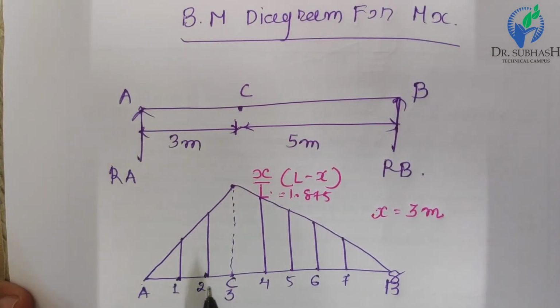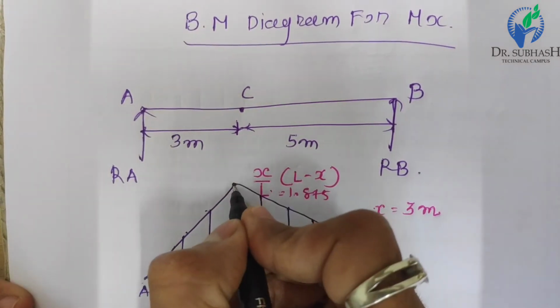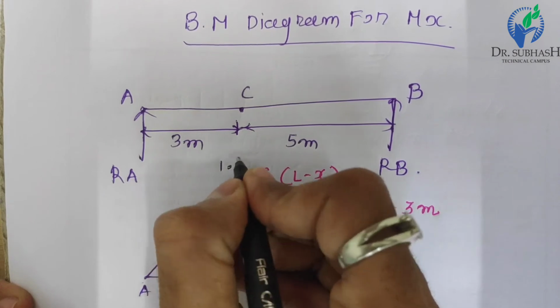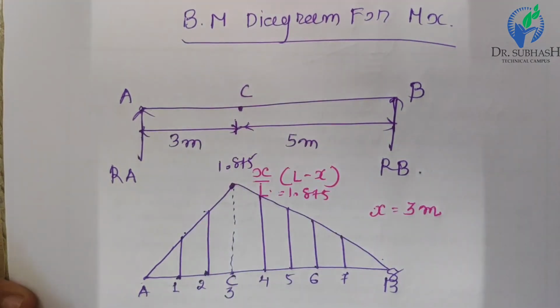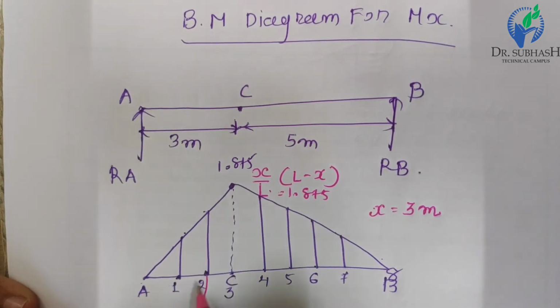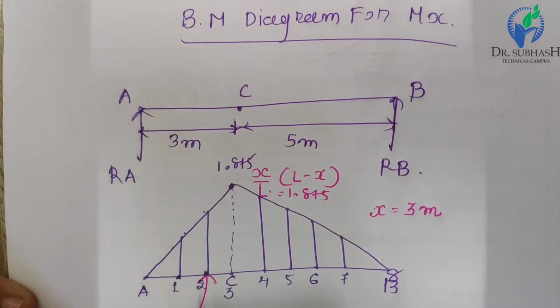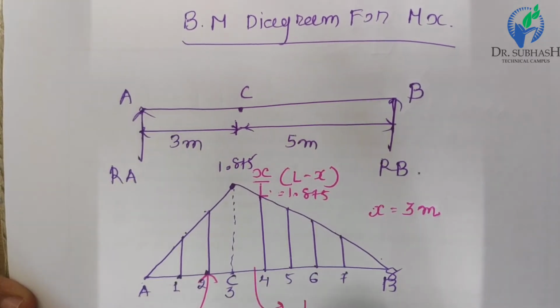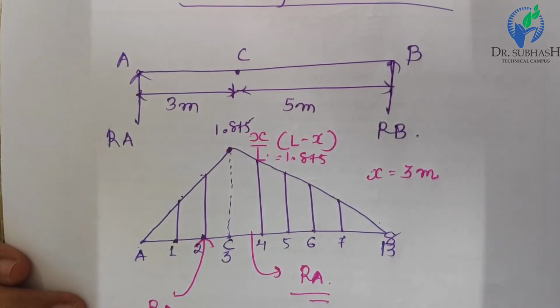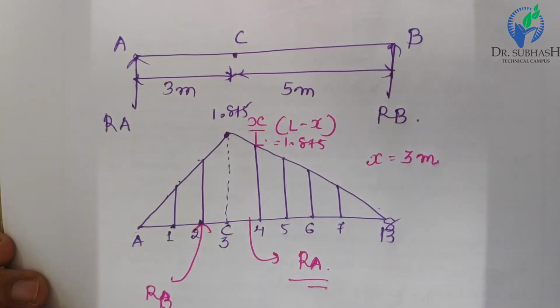Now how do we find all these points? We already found that this point is 1.875. This diagram has an opposite effect. This one is the effect of RB, and this one is the effect of RA. We already found the coordinates of RA and RB.